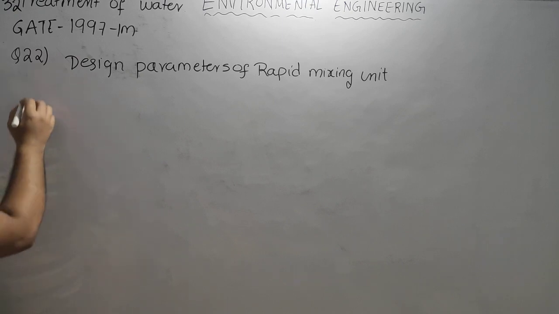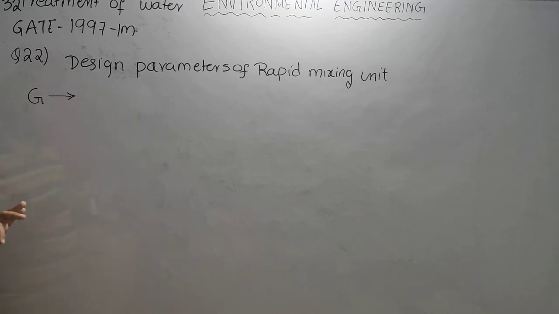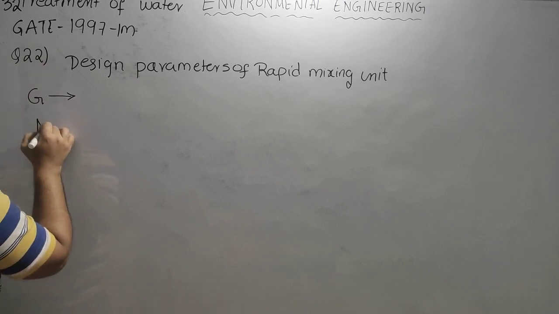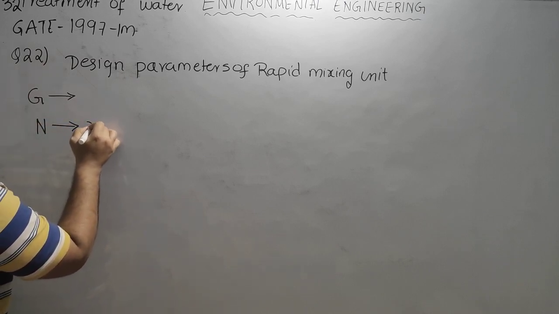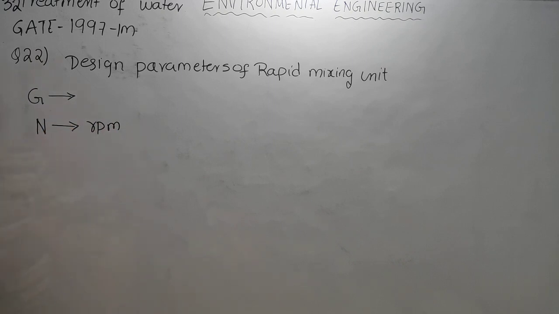First one is G, the temporal mean velocity gradient. This is a very important design parameter. And the next one is RPM, how many rotations per minute the shaft is making. So these two will decide the design of the rapid mixing unit.